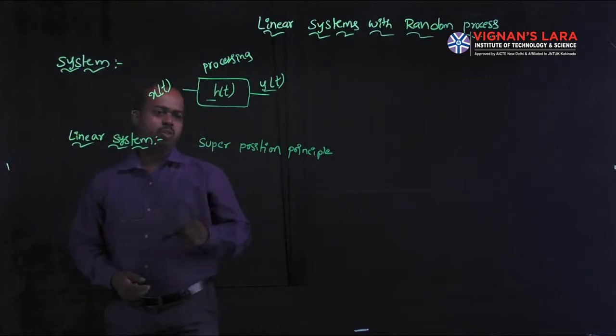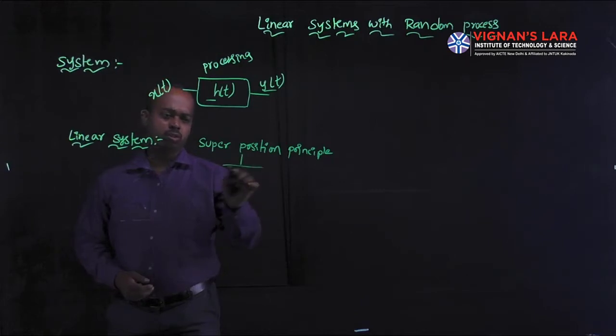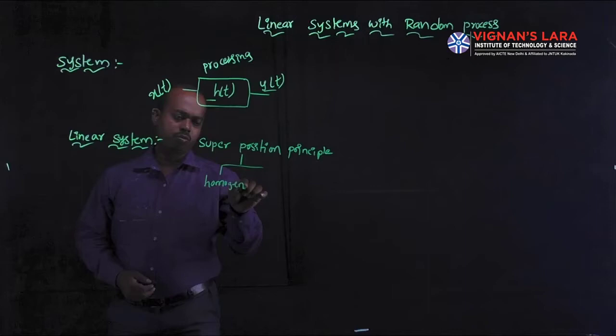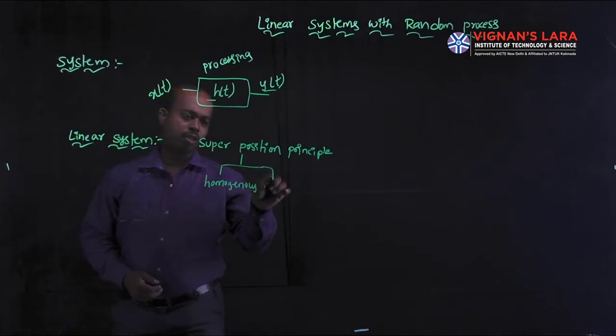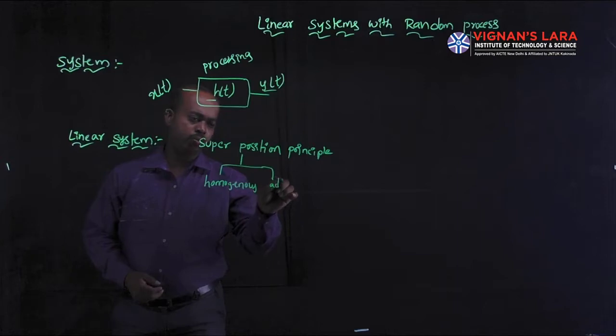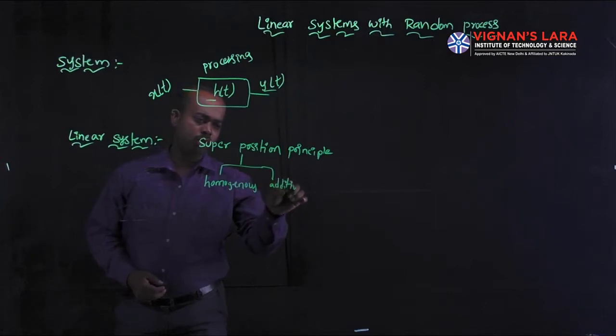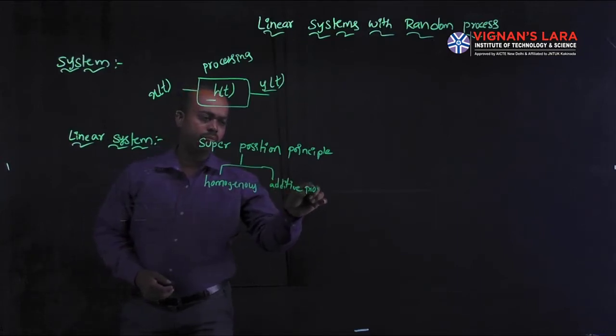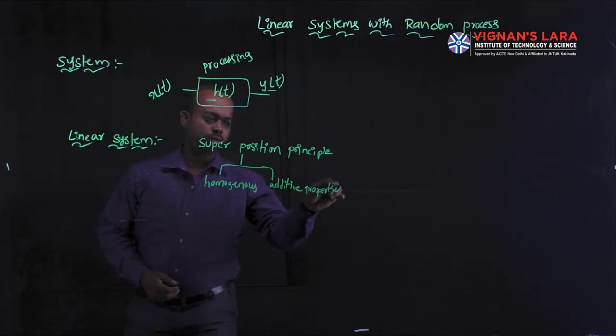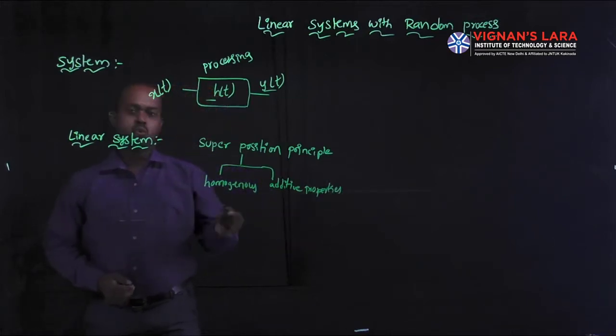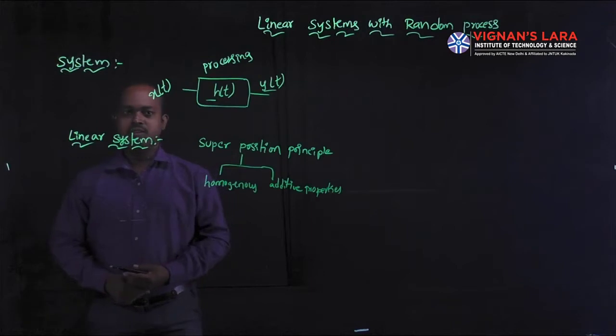What are the superposition principle conditions? One is the homogeneous property and the second is the additive property. A system that satisfies these two conditions is said to be a linear system.